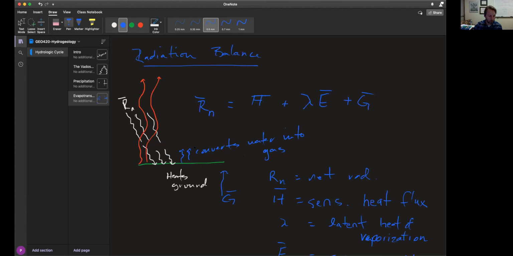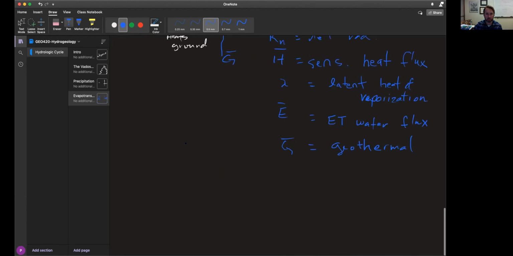So in a loose, empirical way, the Thornthwaite equation allows us to estimate potential evapotranspiration just using the air temperature. It's essentially isolating the sensible heat flux and saying the hotter the air temperature is, the more evapotranspiration we're going to get.